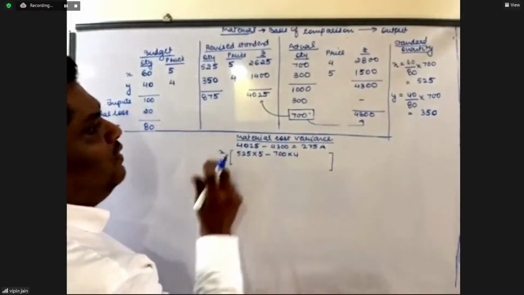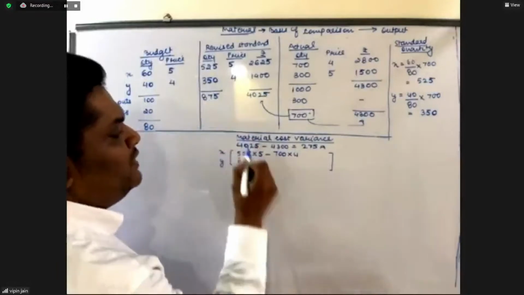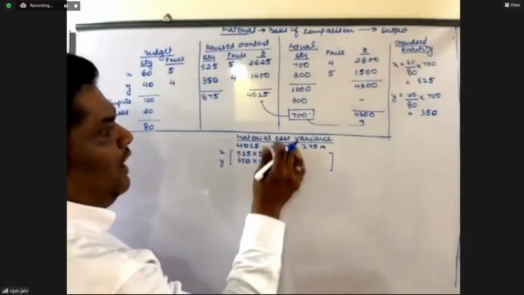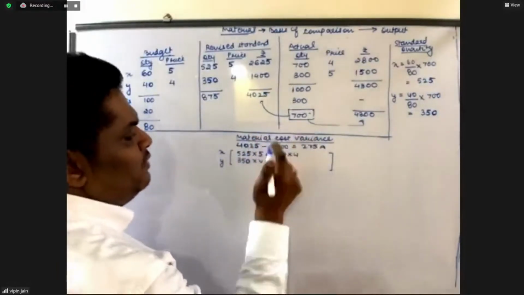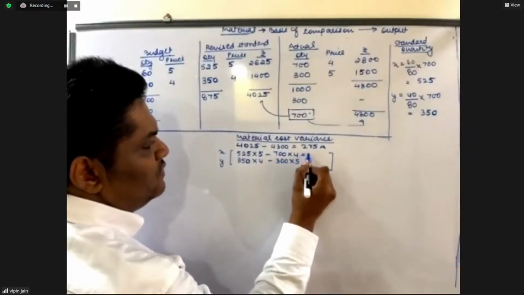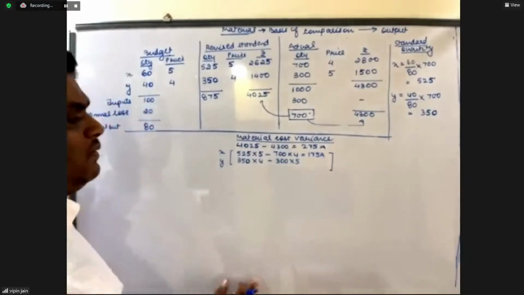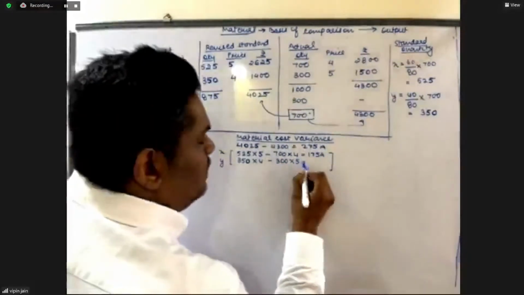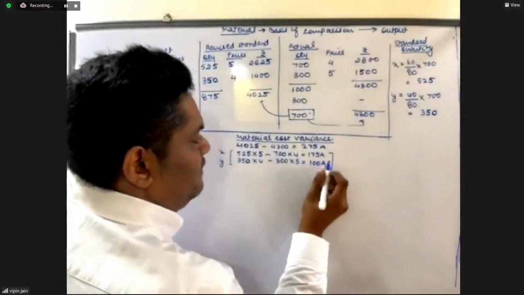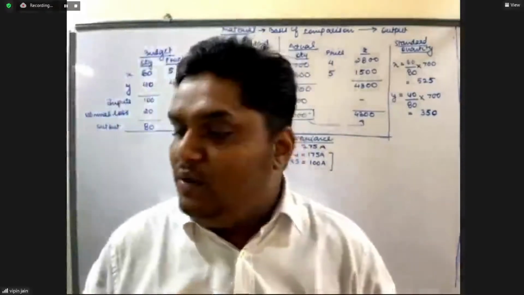Similarly, for Y also, for 700 units, 350 kgs of Y was supposed to be used at the rate 4. However, for 700 units, we actually consume 300 units at the rate 5. So this is 175 adverse. This is 100 adverse. So total 275 adverse. So this is what we call as material cost variance.